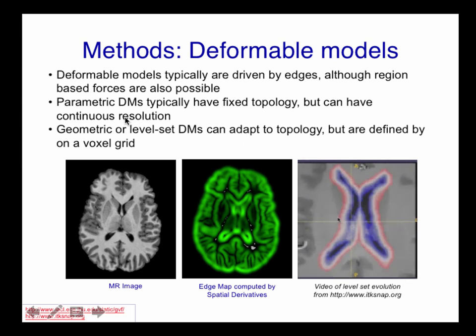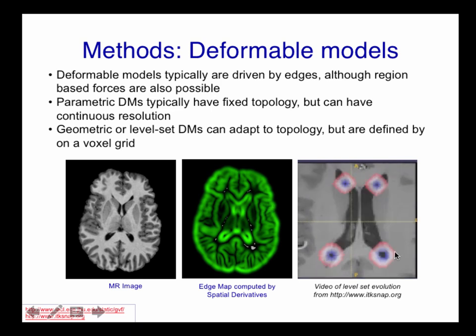But the disadvantage is that they can be computationally complex, as there's a bunch of points that you need to manipulate. The other property, not necessarily a disadvantage or advantage, is that they generally have a fixed topology. I'm going to talk about topology in a second, but the topology typically does not change in parametric deformable models, whereas level set deformable models can adapt to topology.